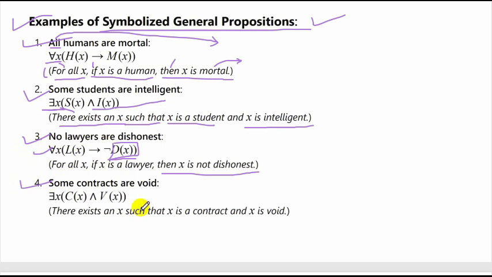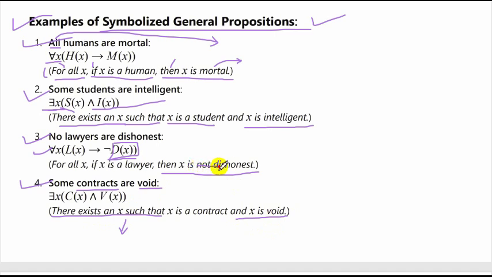Some contracts are void. There exists an x such that, this is what you have to write first: x is a contract and x is void. First you have to write in positive sense, x is void. Here also you have to write x is not dishonest, means x is honest.